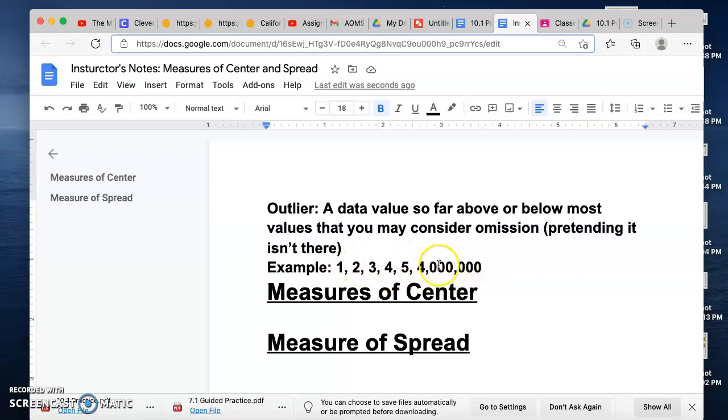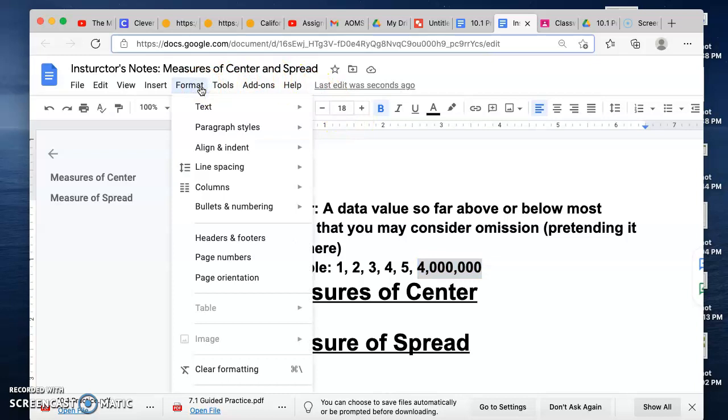There's just that one that's 4 million. So we might consider omitting it, pretending it isn't there, because sometimes in the real world when this happens there was some kind of a data entry error. Like the person typing the values into the computer accidentally held down the 0 too many times or something like that.